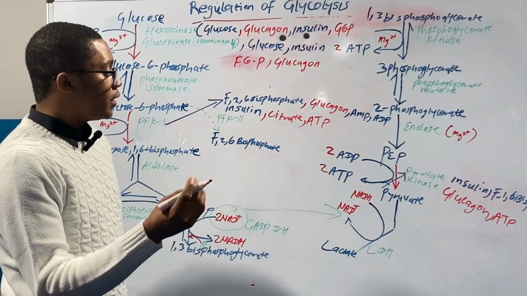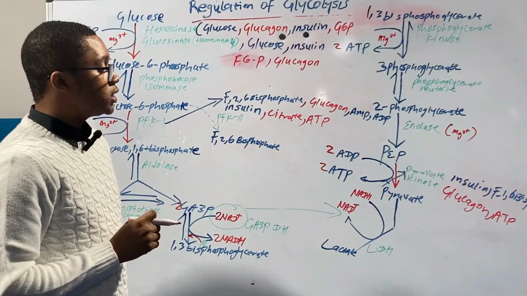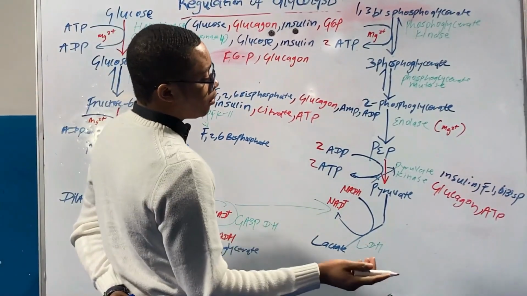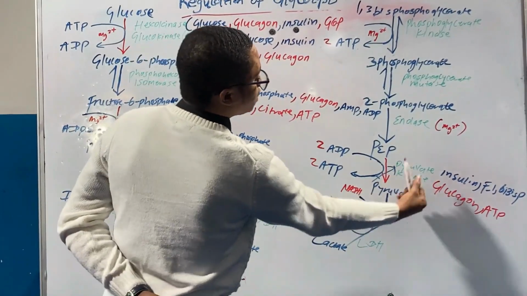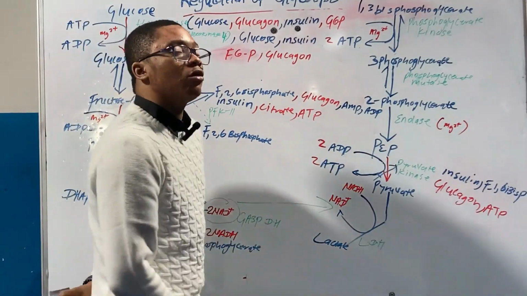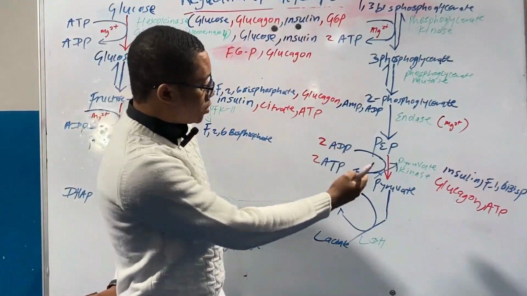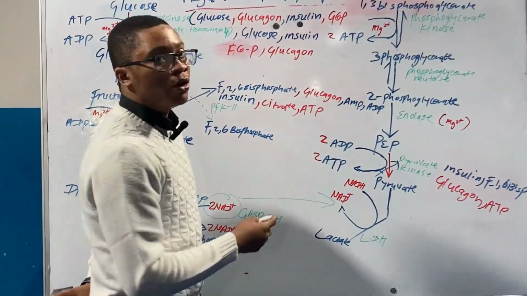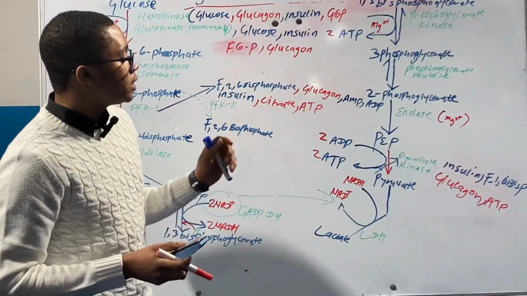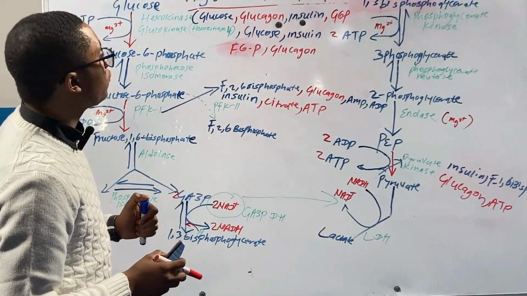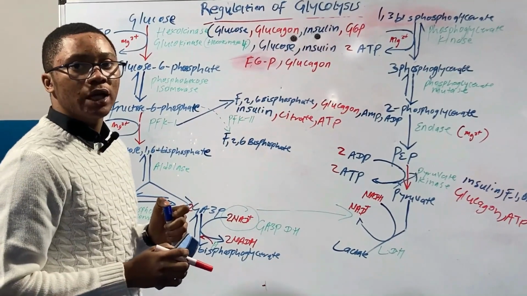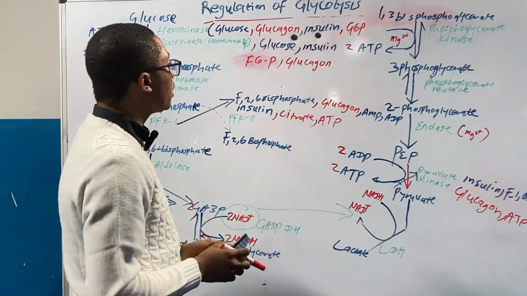When there is a lot of ATP in the human body, ATP comes in backward inhibition and inhibits the activity of pyruvate kinase, preventing the phosphorylation of phosphoenolpyruvate into pyruvate. So these are the stimulators and inhibitors of the glycolytic pathway. This is how glycolysis is regulated in the human body.